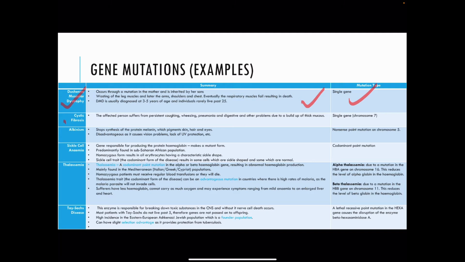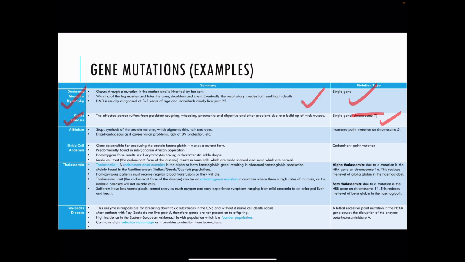Cystic fibrosis, again, another single gene mutation, okay, specifically occurring on chromosome 7. Now, cystic fibrosis, remember, is a disorder involving a channel or a protein pump on the cell membrane. This protein pump usually pumps ions across the membrane. And so this channel is faulty, meaning that too much water is pushed across the membrane.